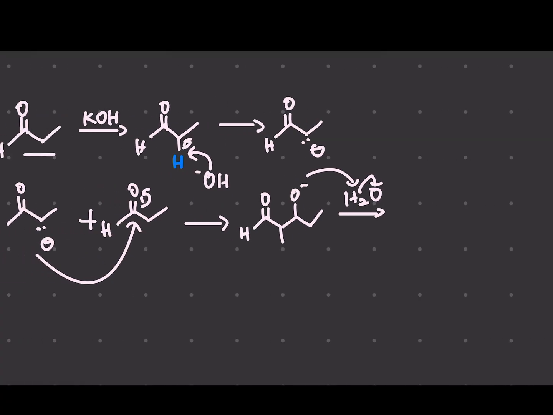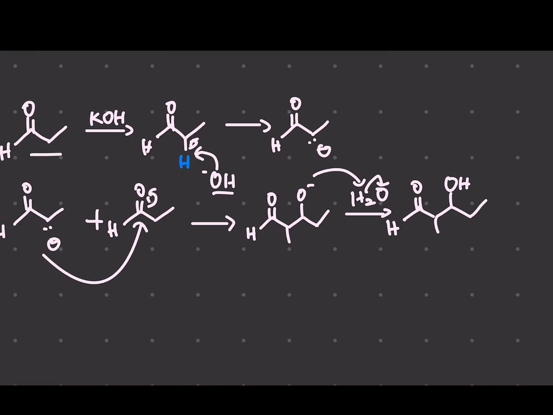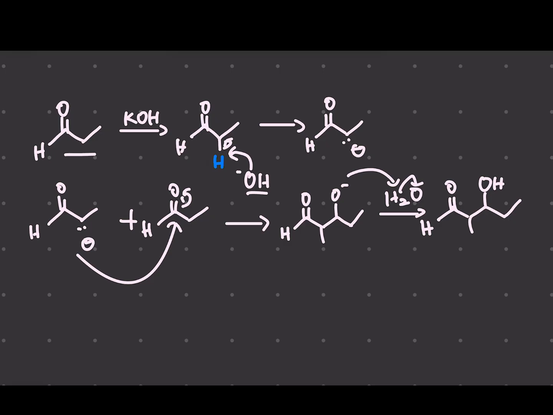It's going to regenerate the base, and it's going to give us our final product, which will look like this. So this is called a self-Aldol reaction because it is reacting with itself. This is the starting material that we formed the enolate from.